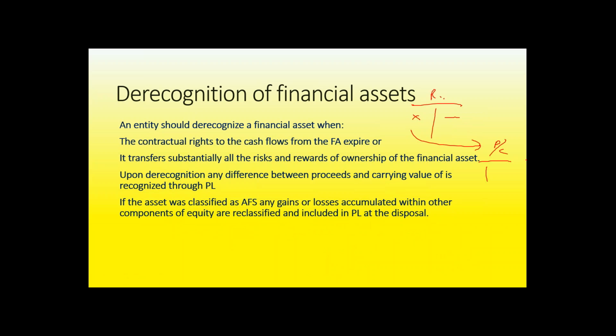So I said that 5,000 we will charge to the reserves and credit to the P&L. It may be 5,000, maybe 50,000, whatever that is in that reserve account. At the closing stage, at the derecognition stage, you have to turn it to the P&L. So that's something which we will be learning.